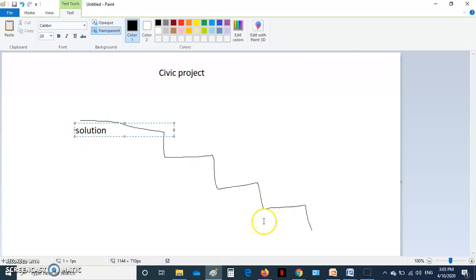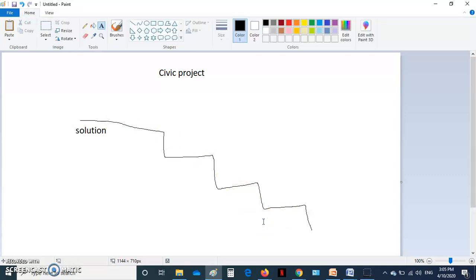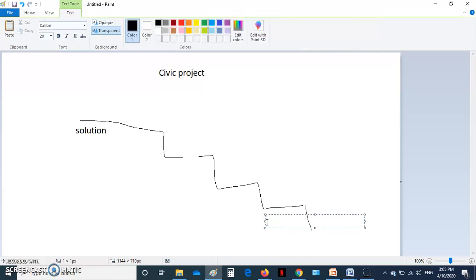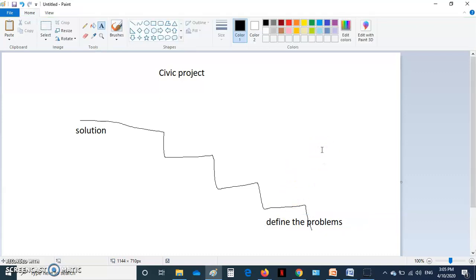Your first step in finding a solution is to define the problem. Right now, that's what you're doing. I have asked you to think about what contributive factors could be there and who is affected and so on, so you can define the problem really well. If you define it well, it will be possible to find a solution.